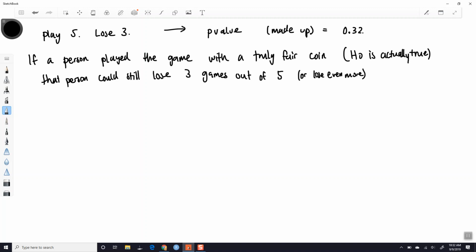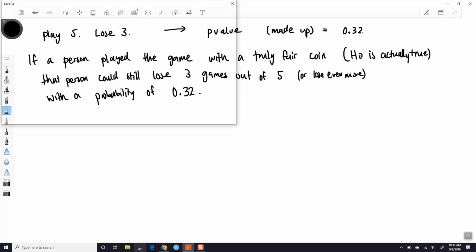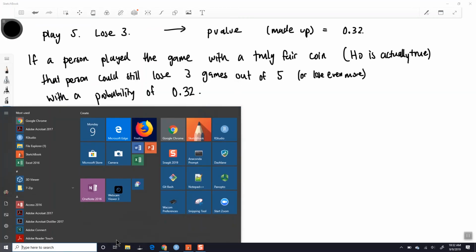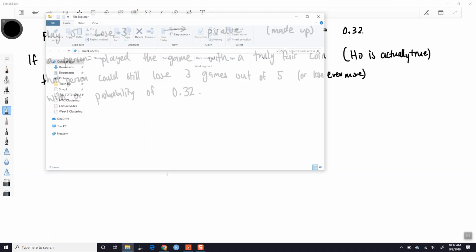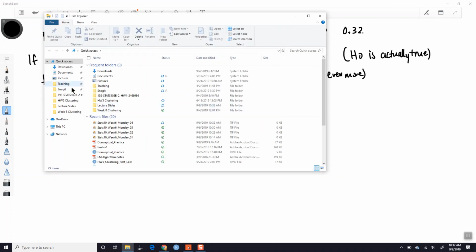Okay, could still lose 3 games out of 5 with a probability of 0.32. Okay, so the p-value again is the probability of observing our data or something more extreme if the null hypothesis were true. Let me find that slide.